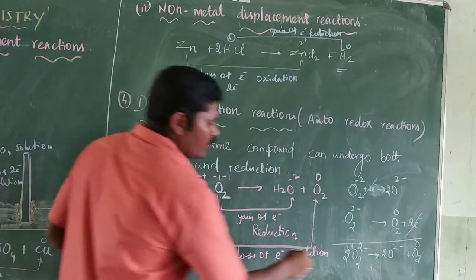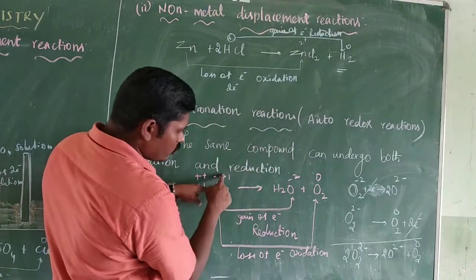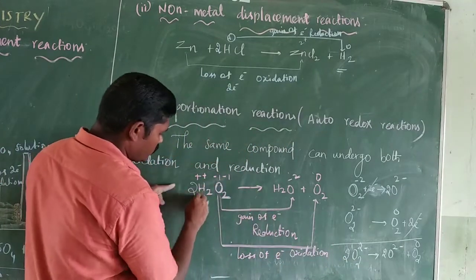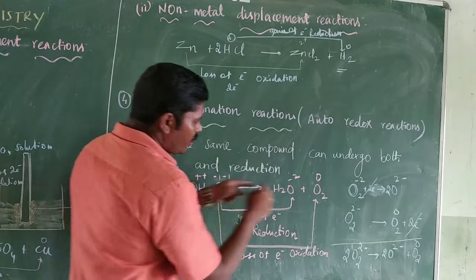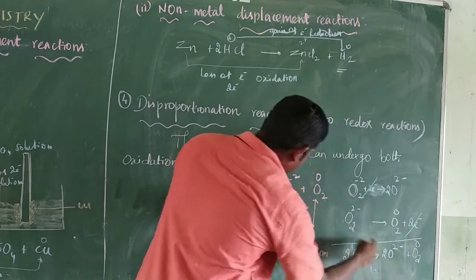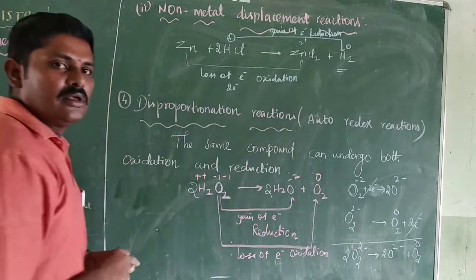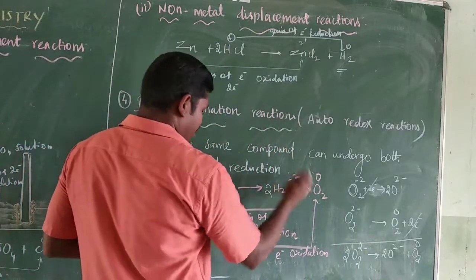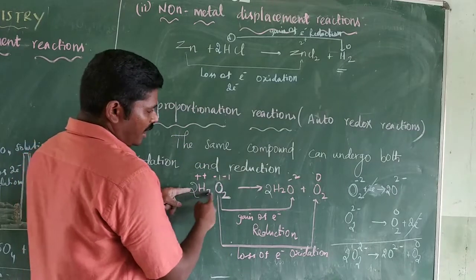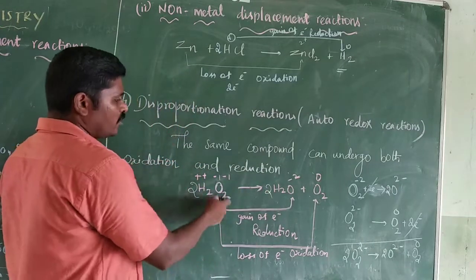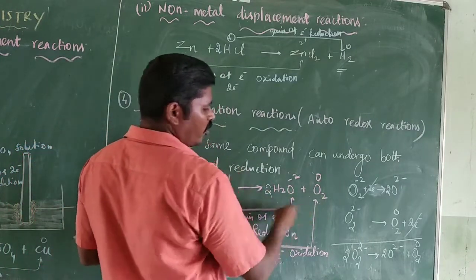How many O2 2 minus? 2. So balance the reaction. How many hydrogen? 4 hydrogen. How many oxygen? 2 plus 2, 4 oxygen.